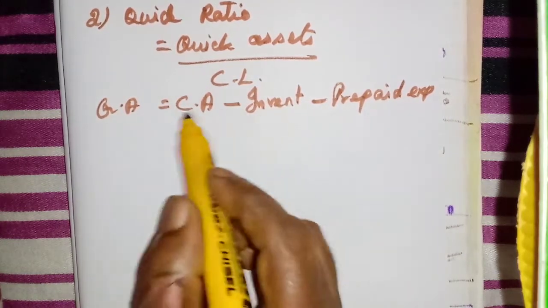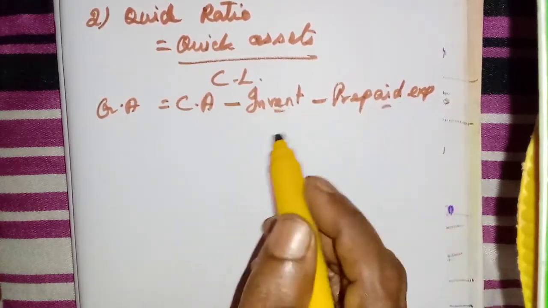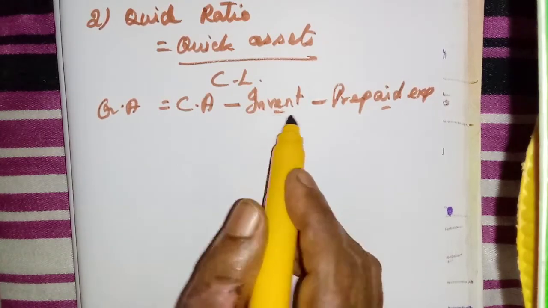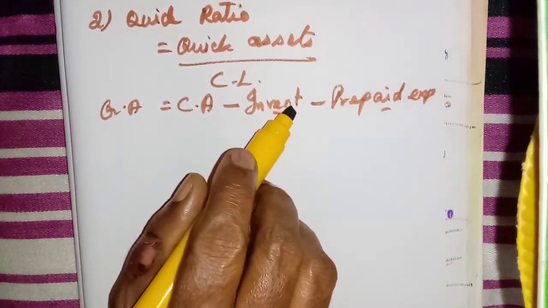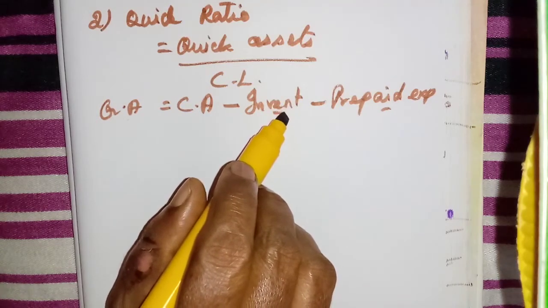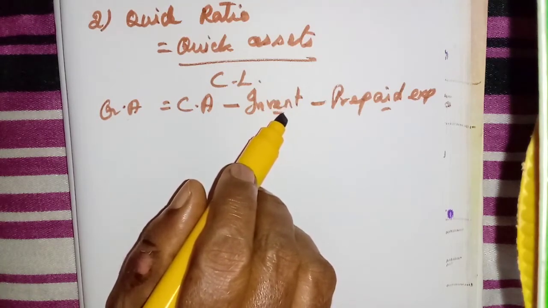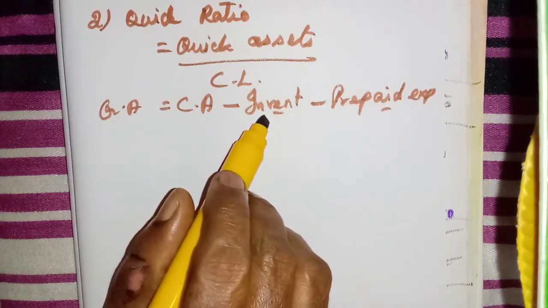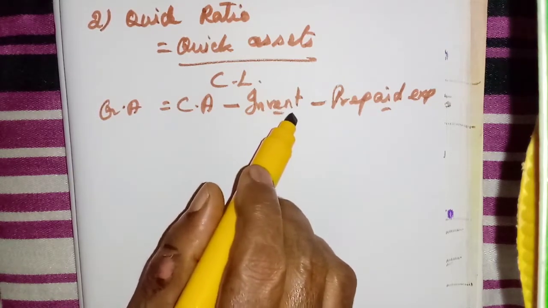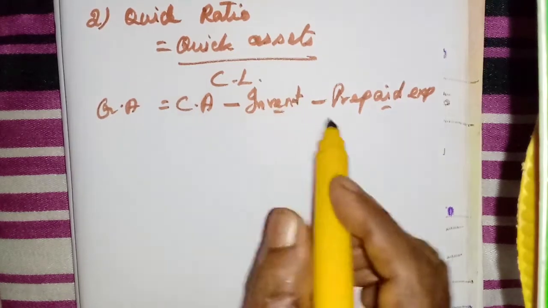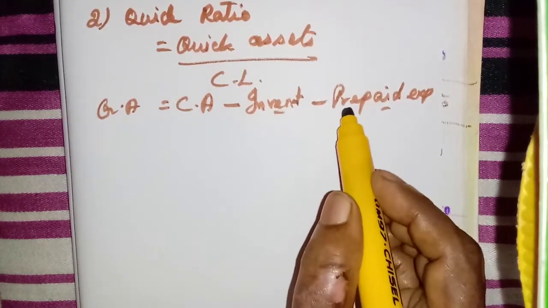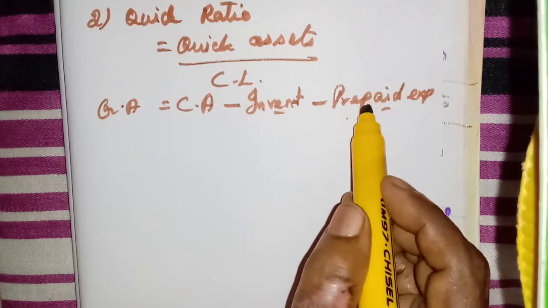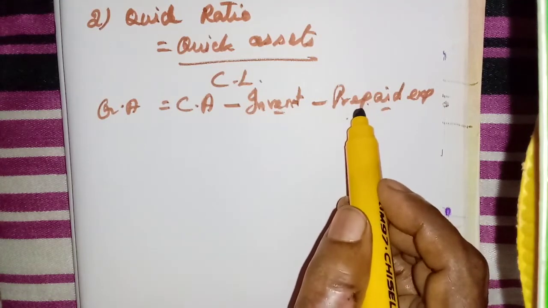Why are we excluding these two? Inventories within two to three months we cannot convert into cash. That is not up to our hands. If the customers purchase all the goods within a short period we can sell; otherwise it will be stock only, isn't it? It will vary as per the demand. Prepaid expenses cannot be converted into cash because we have already paid.